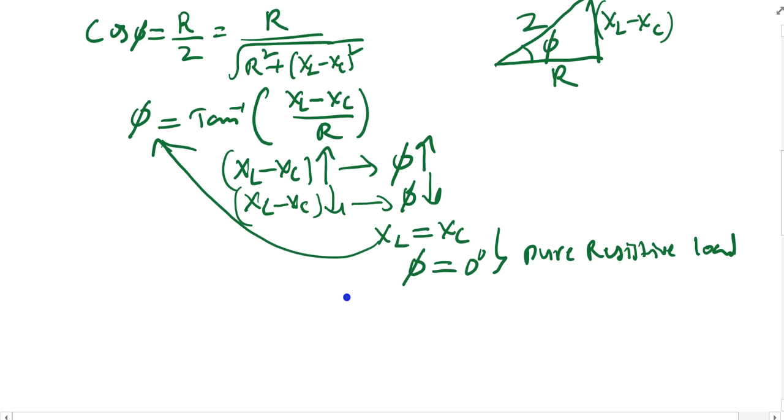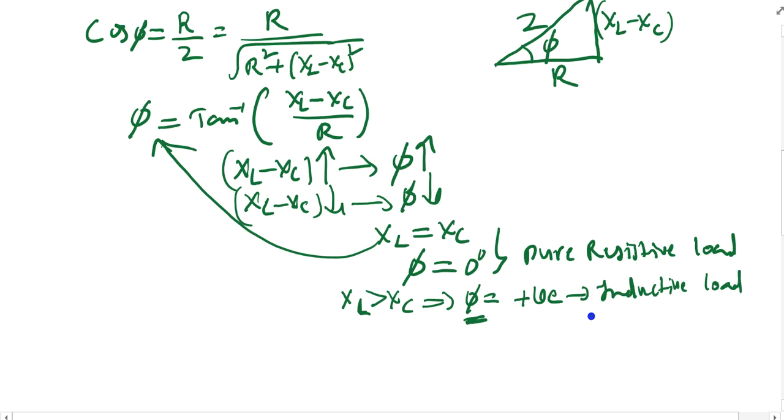If XL is greater than XC, then my phi value is coming positive. But what about this angle, is it leading or lagging? Because here my XL is greater, it means it is an inductive dominating load.